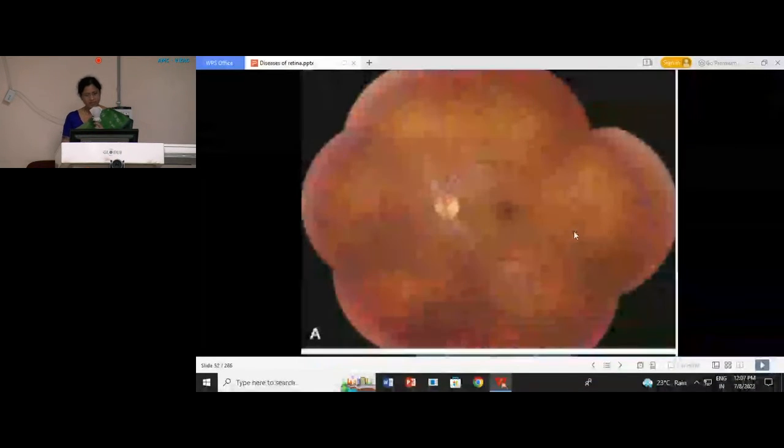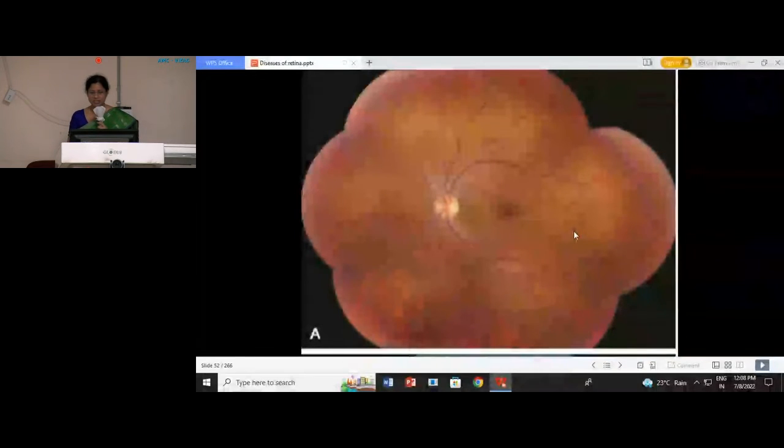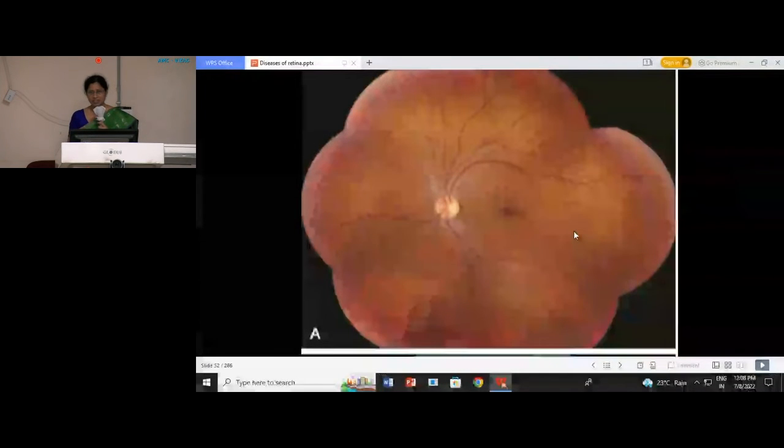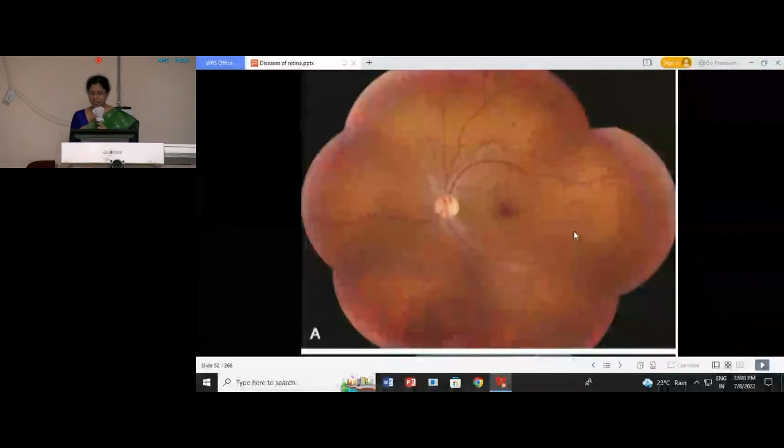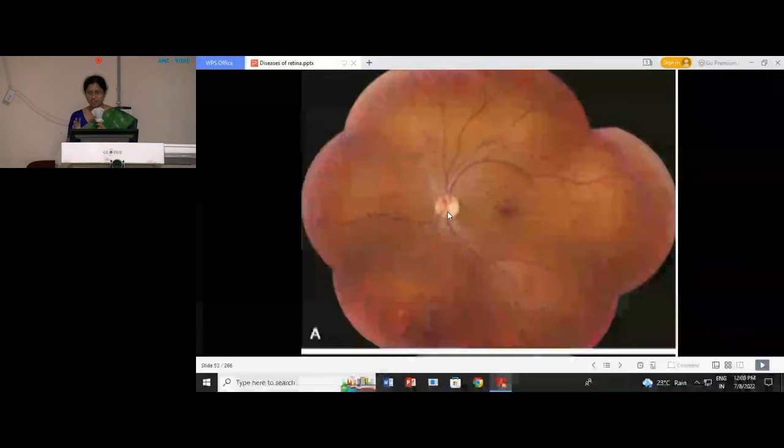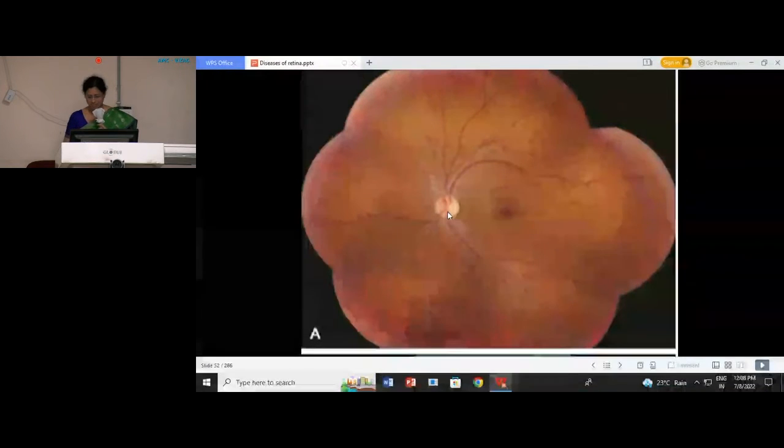So before I tell the features of each and every category, I would like to tell about the anatomy of the normal retina. You can see here this is the fundus picture of the normal eye, showing the optic disc. This is the optic disc, and this is the retina, along with the retinal vessels.